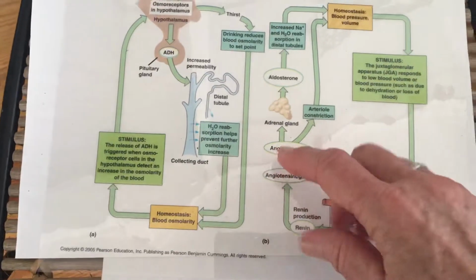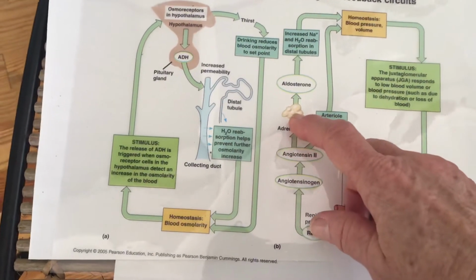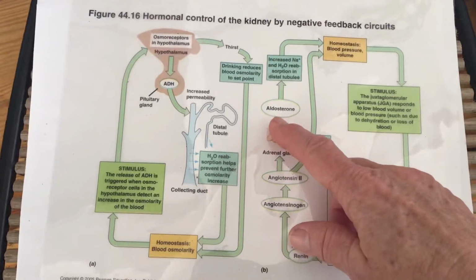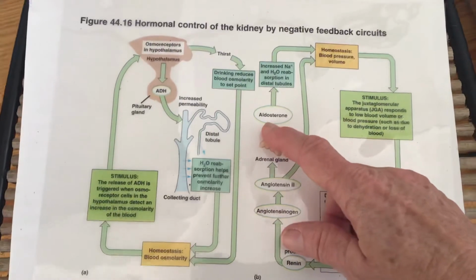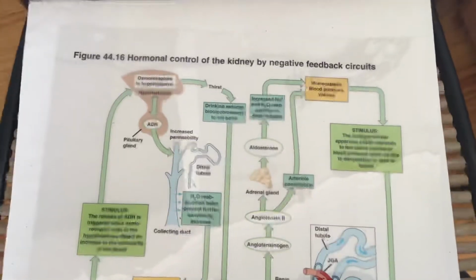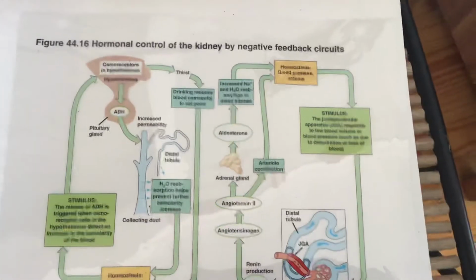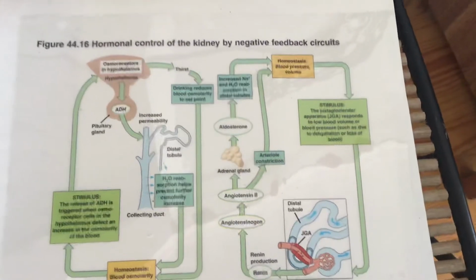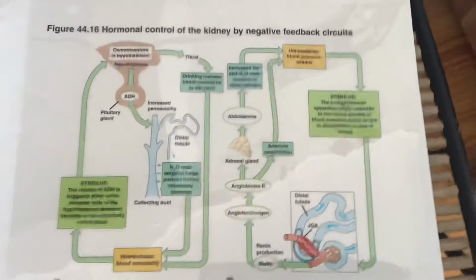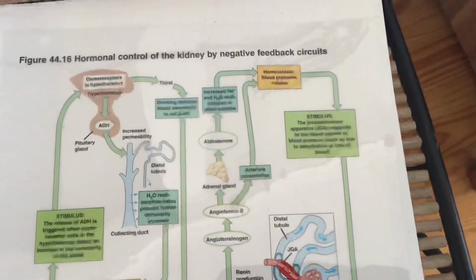And that will then go to your adrenal glands and cause another hormone called aldosterone to increase the sodium and water absorption in your distal tubes. So you can reabsorb back some water, some sodium too, so that you're likely to keep water in from your cells.